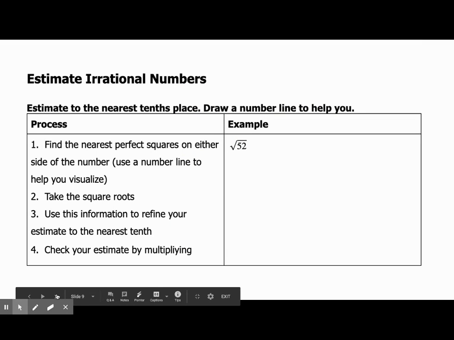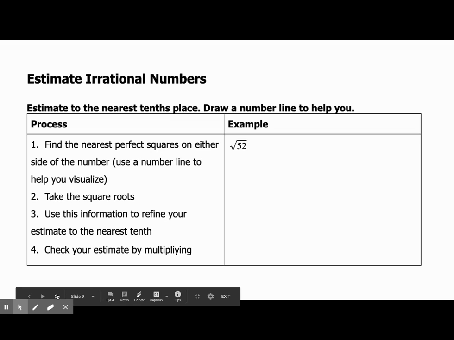So the process for finding an estimate to the nearest 10th of the square root of 52 is to find the nearest perfect squares on either side of the number line and use a number line to help you visualize this, to take the square roots, to use this information to help you refine your estimate to the nearest 10th, and to check your estimate by multiplying.